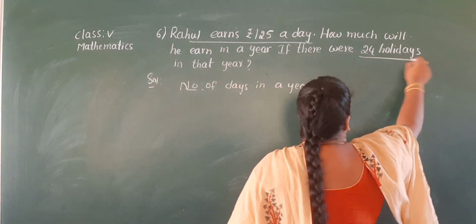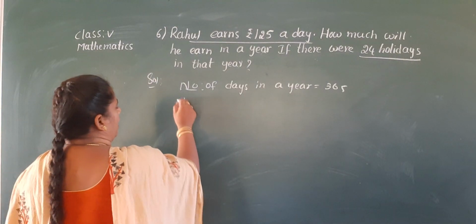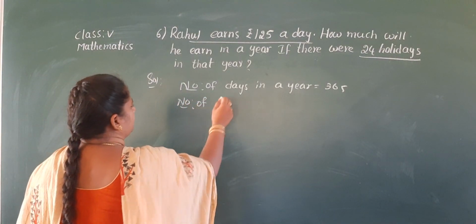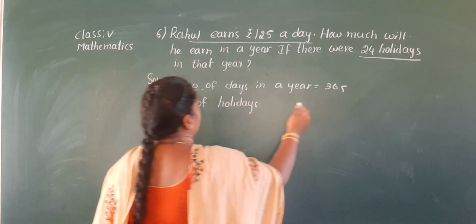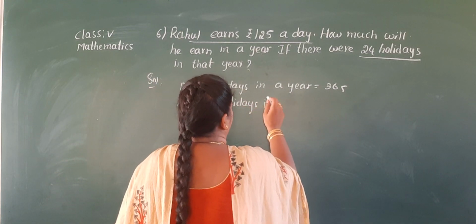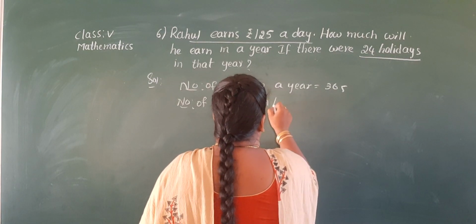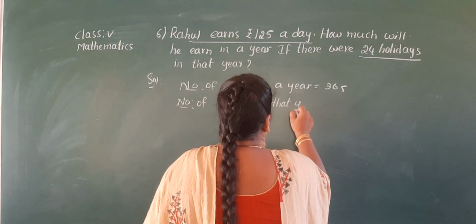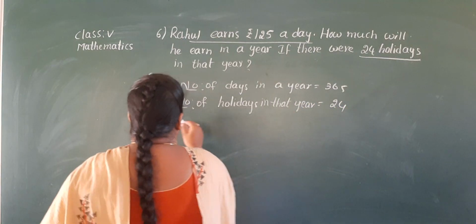And how many holidays are there? 24 holidays. Now number of holidays in that year. So we will write number of holidays in that year equal to 24.